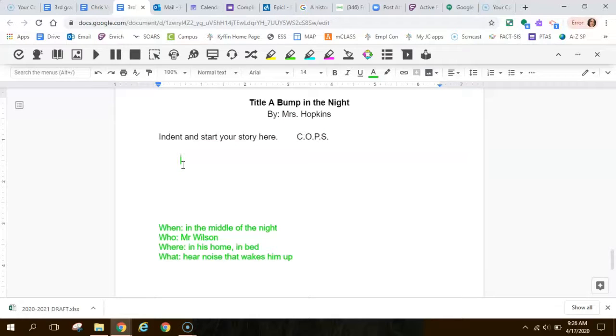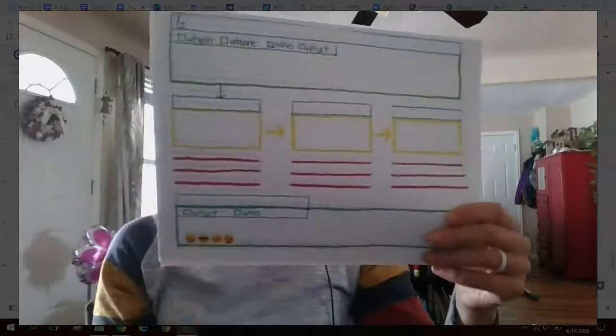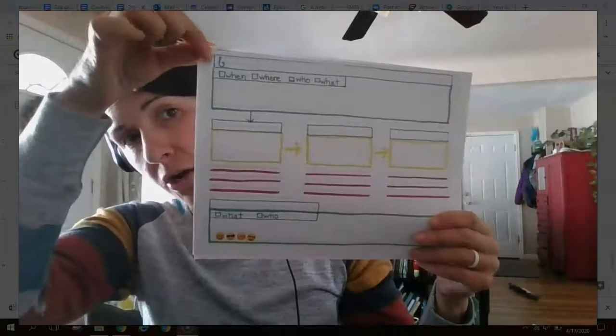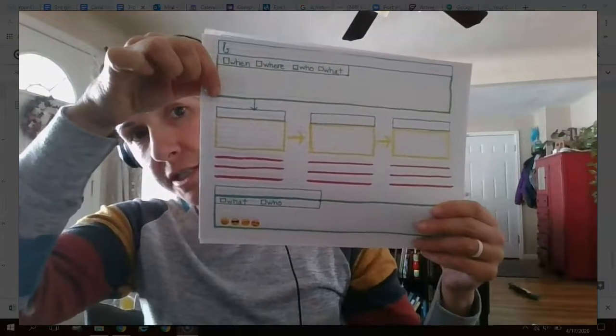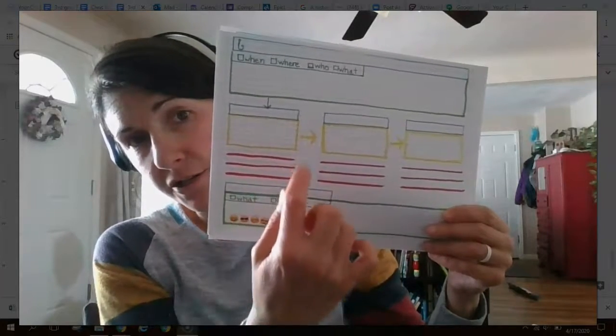All right, so thinking about a hook. I just want to show you what I have here. If we think about this plan, you still should think about the way that you plan for a narrative, because this really helps you to think about your hook, your introduction. Your events are the big things and your red are your stopping and thinking.